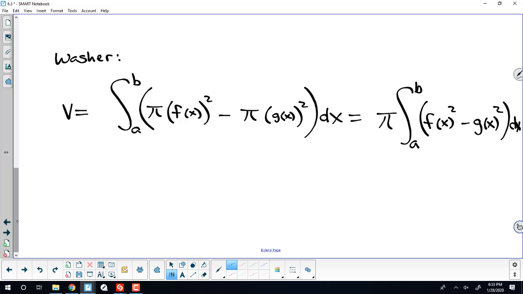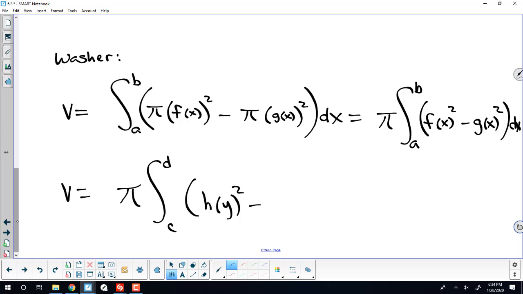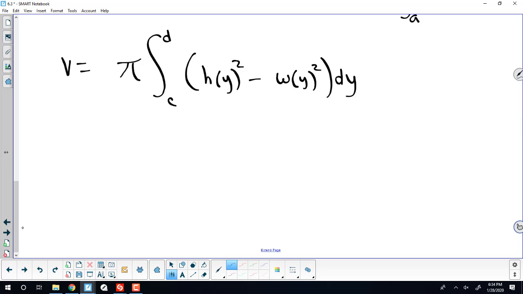With respect to y, we could write that out too. The only thing that would change, of course, is how your rectangles are running. It would be like this here.